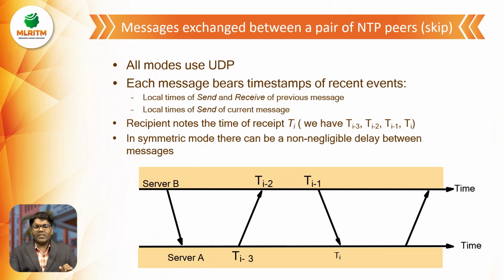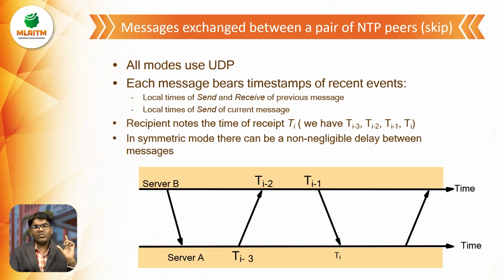Next is message exchange between a pair of NTP peers, meaning Network Time Protocol. All modes use UDP, User Datagram Protocol. Each message bears timestamps of recent events: the local time of sending and receiving of the previous message and the local time of sending of the current message.